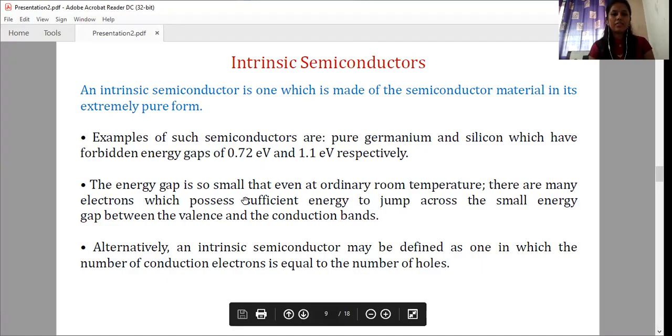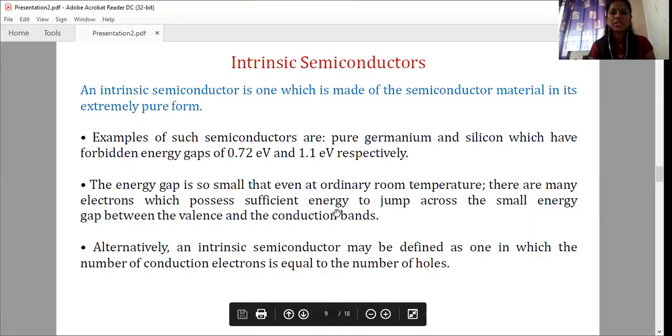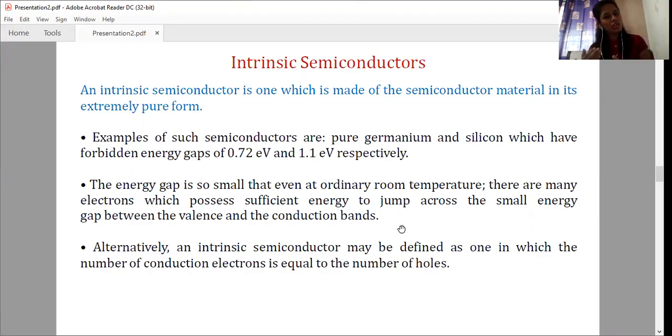The energy gap is so small that even at ordinary room temperature, there are many electrons which possess sufficient energy to jump across the small energy gap between the valence band and the conduction band. Alternatively, an intrinsic semiconductor may be defined as one in which the number of conduction electrons is equal to the number of holes.